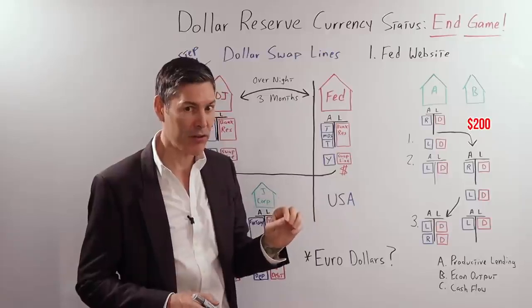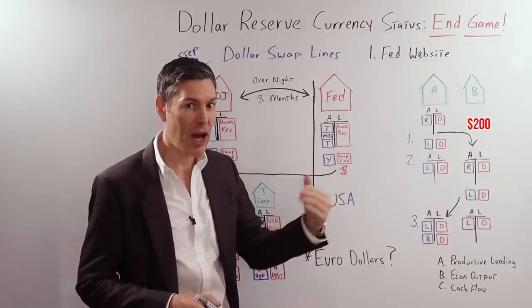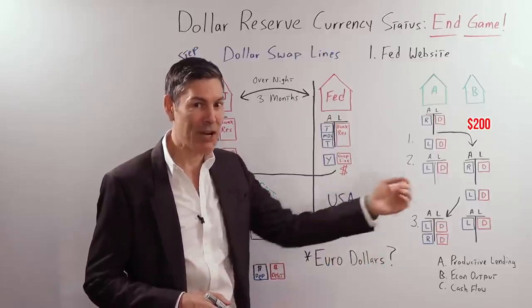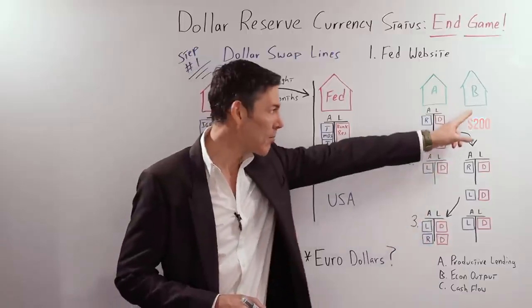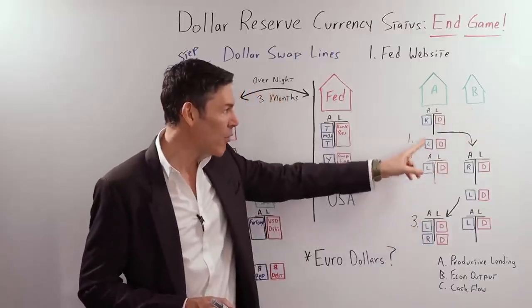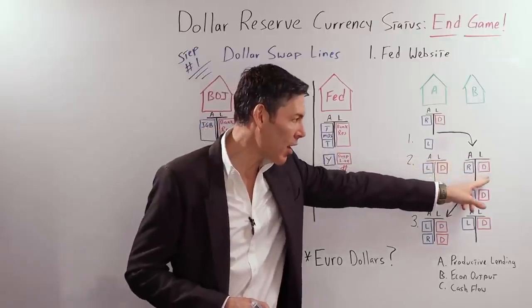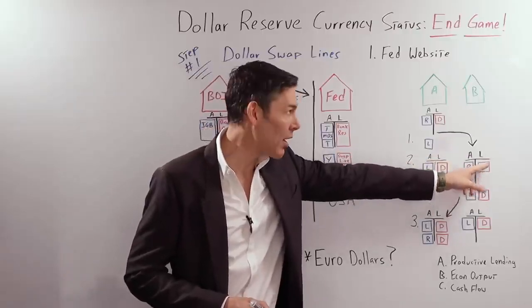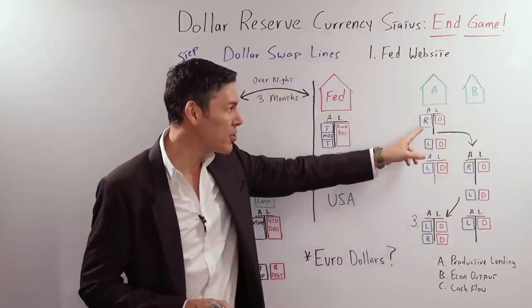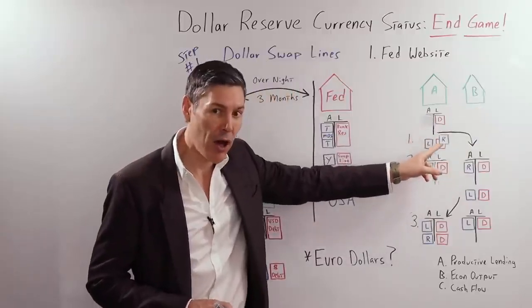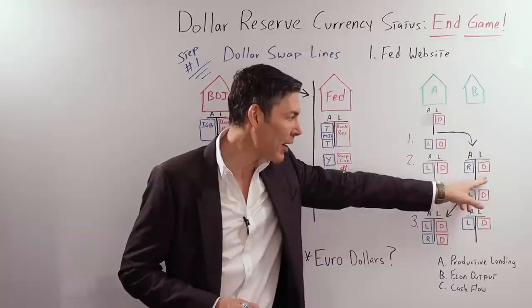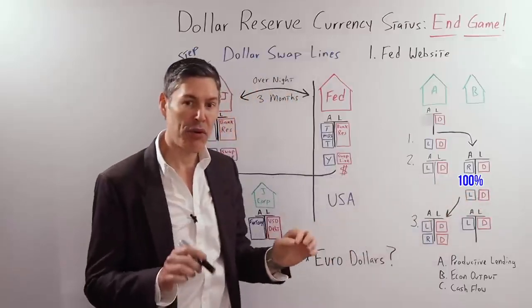Let's also assume the customer that took out the loan has a different bank, Bank B. So Bank A would transfer the deposits for the customer over to their account. Now it's a liability on this side, but the reserves would have to follow the deposits to back them up. And it's 100%.